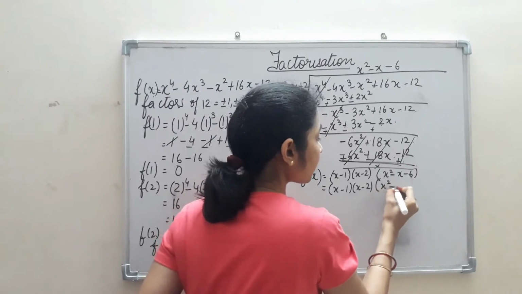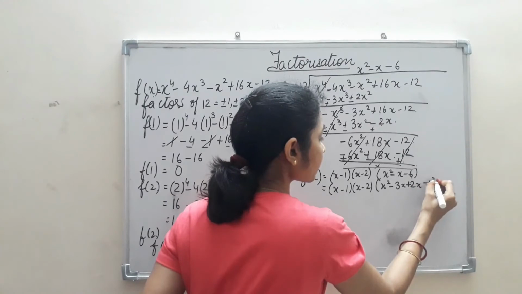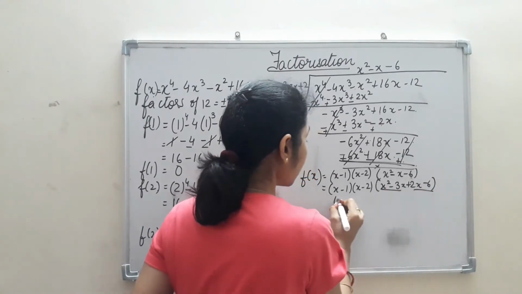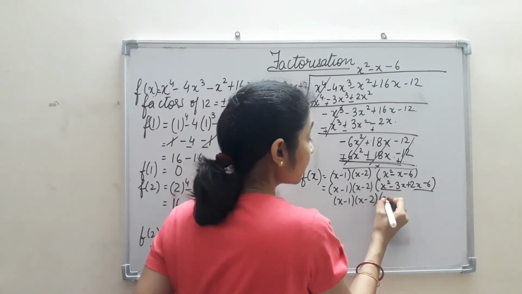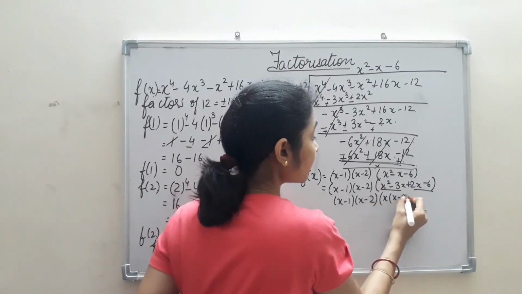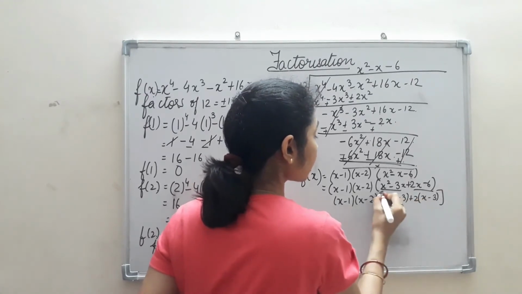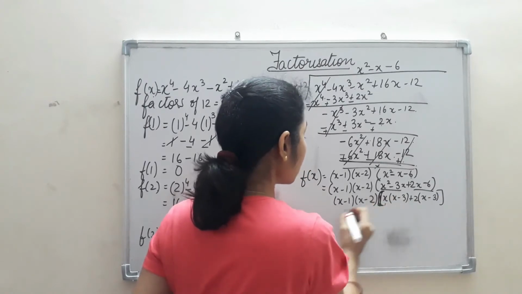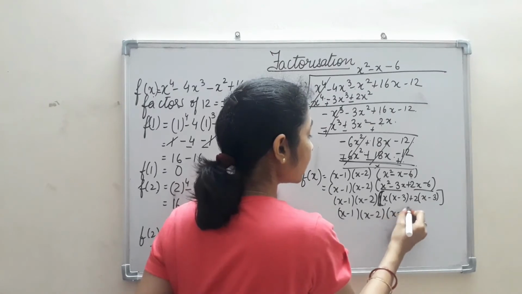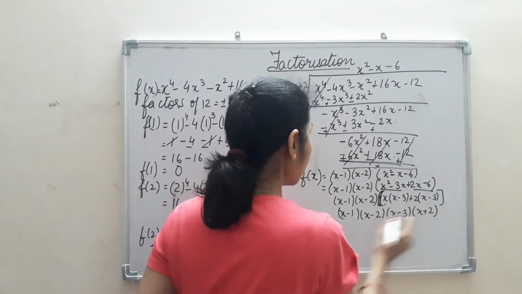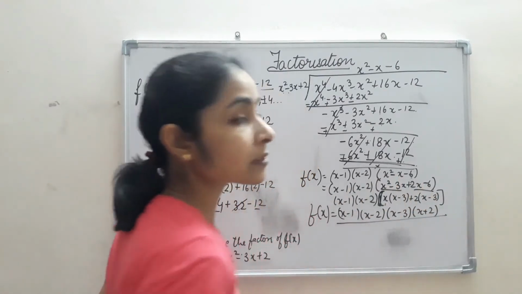So x square minus 3x plus 2x minus 6. Grouping, x common, x minus 3, plus 2 common, x minus 3. So here x minus 1, x minus 2, x minus 3 and x plus 2. These are the factors of f(x). We have completely factorized it.